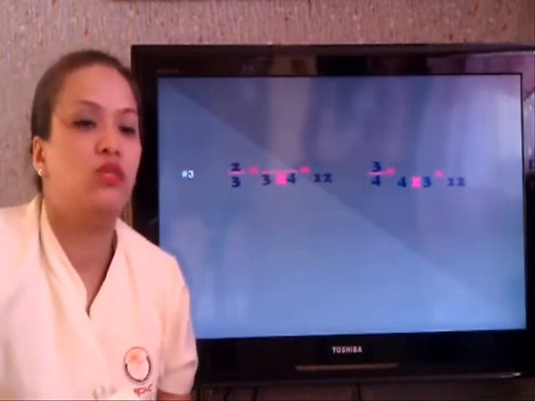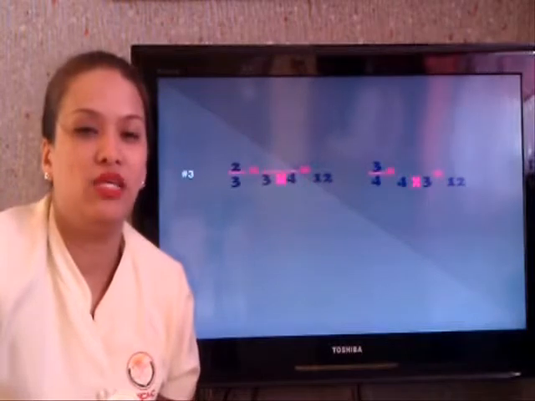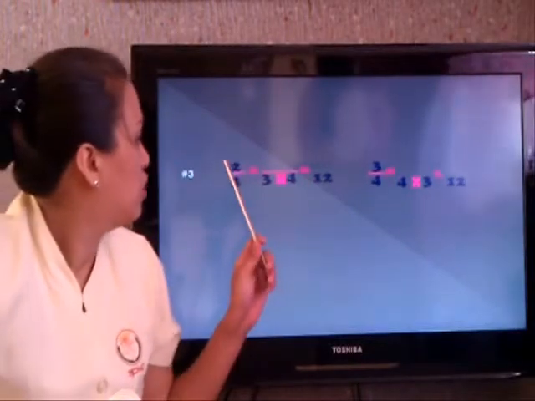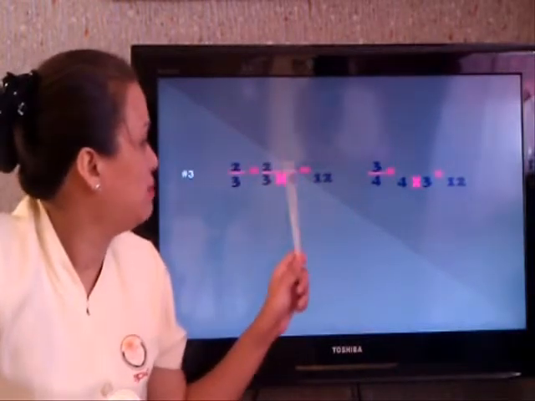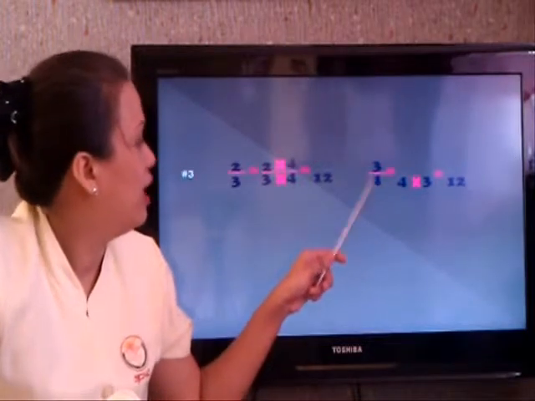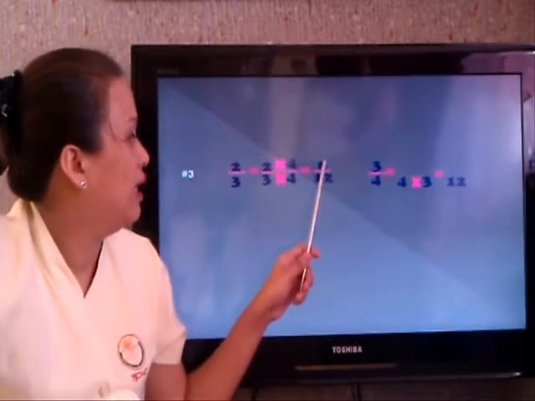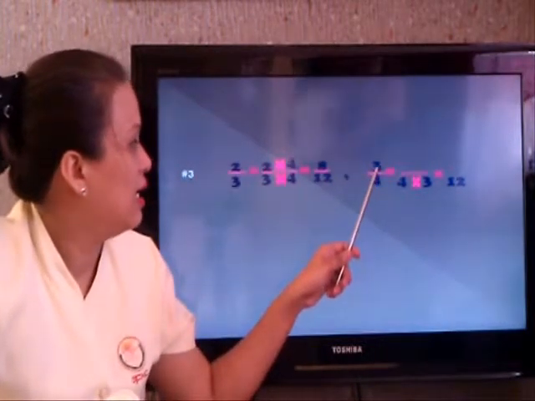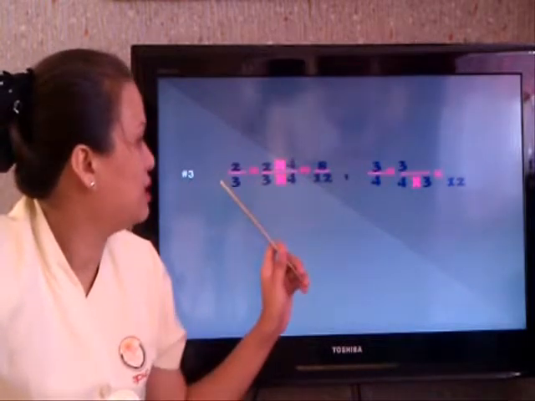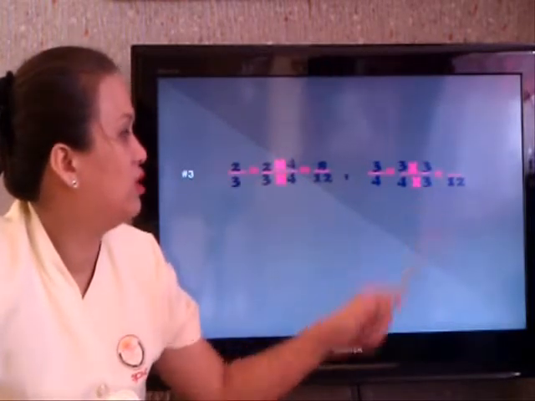Now, let's do the cross multiplication to get the numerator. So, 2 times 4 is equal to 8. And 3 times 3 is equal to 9.